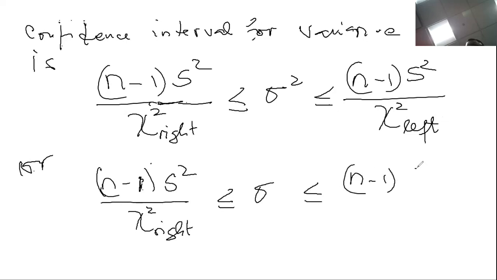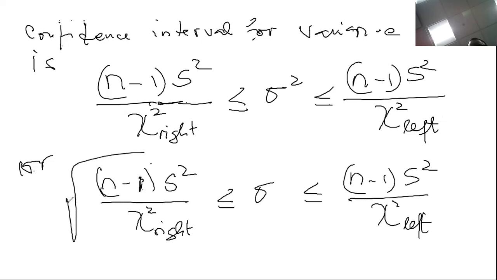We are going to take the square roots. What you do is after finding the confidence interval for the variance, just take the square root of the two numbers to get the confidence interval for the standard deviation.